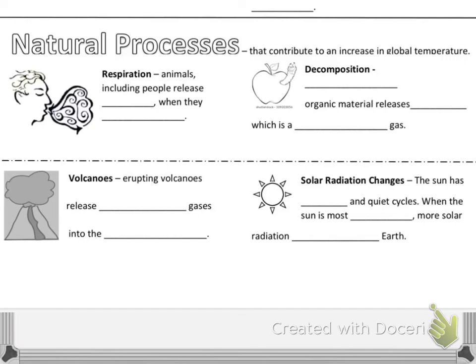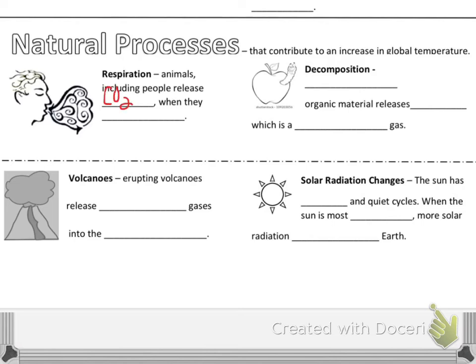All right, natural processes. Things that happen every day that occur naturally increase global temperatures, such as breathing. When animals respire, including us, when we breathe, we release carbon dioxide.